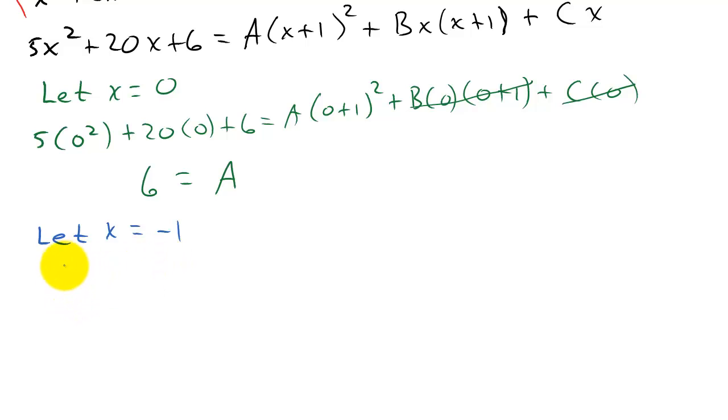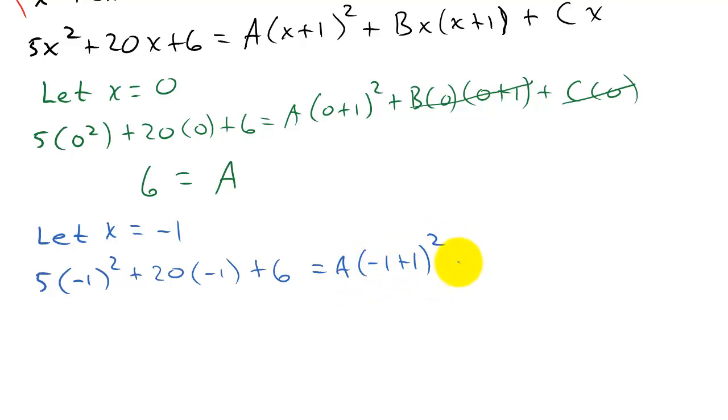And so that's going to give me 5 times -1 squared plus 20 times -1 plus 6. I'm plugging the -1 into this. Okay. And that's going to equal A times -1 plus 1 squared plus B times -1 times -1 plus 1 plus C times -1.